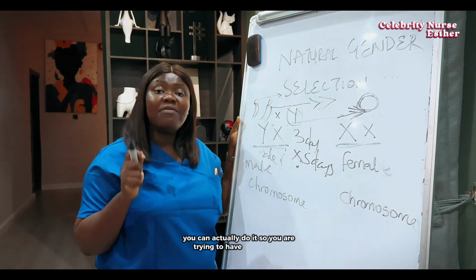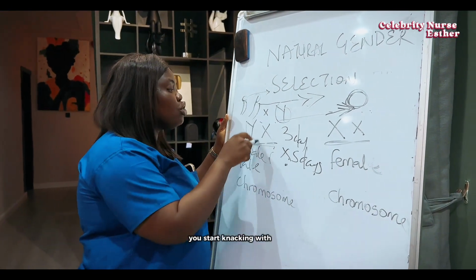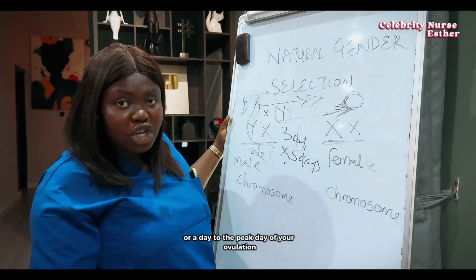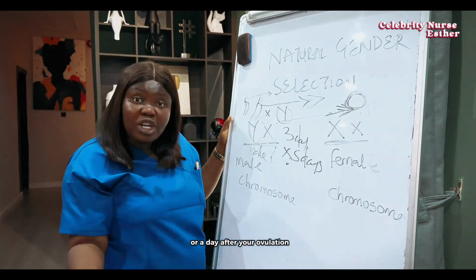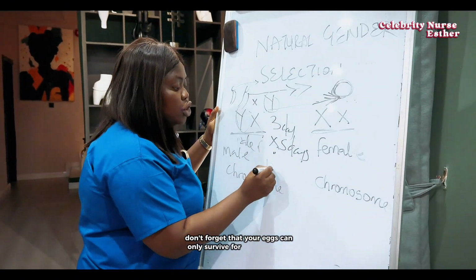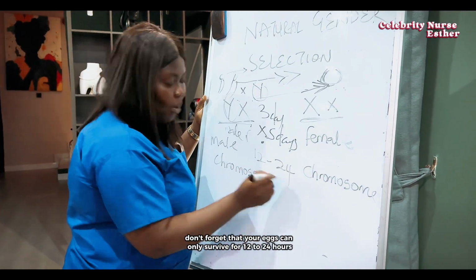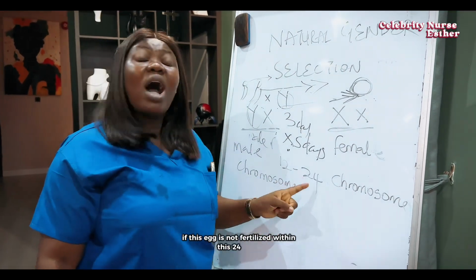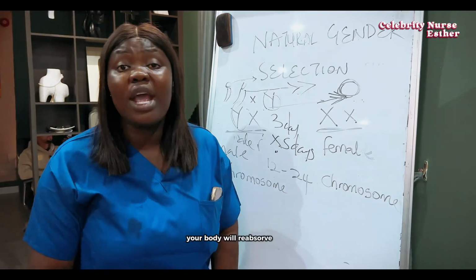So you're trying to have a male child. You start with your partner on the peak day or a day to the peak day of your ovulation, or a day after your ovulation. Although don't forget that your eggs can only survive for 12 to 24 hours. If this egg is not fertilized within these 24 hours, your body will reabsorb it.